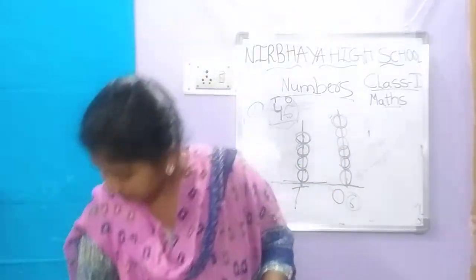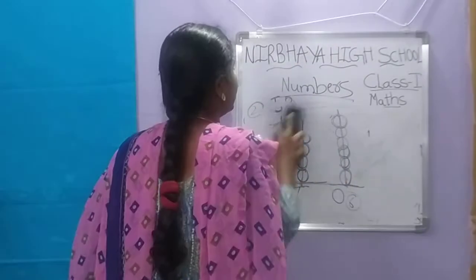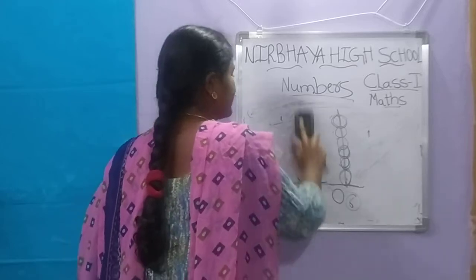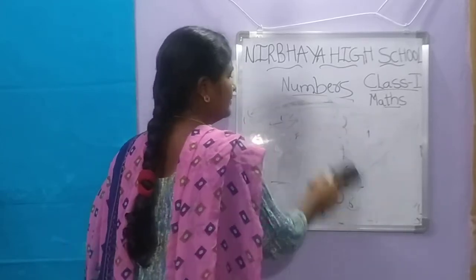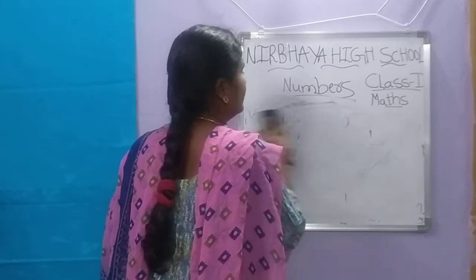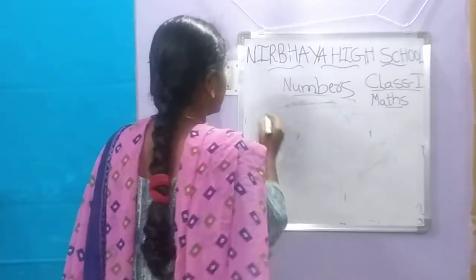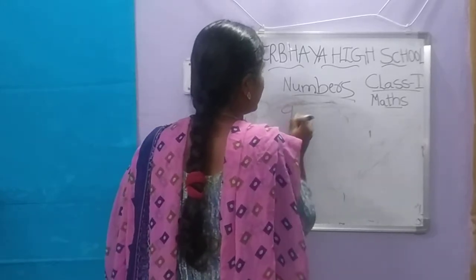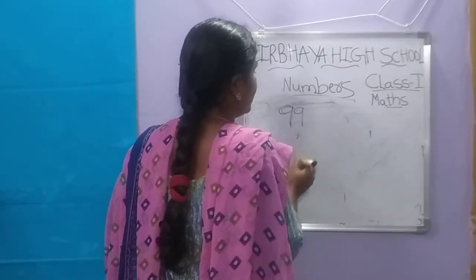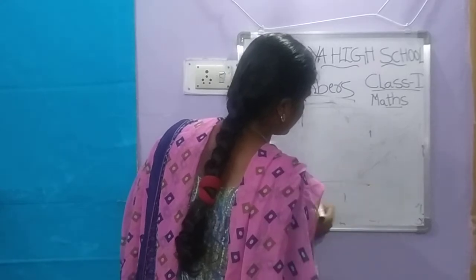Okay. Next one you see, 99. How should we show 99? By using abacus we should draw the line.